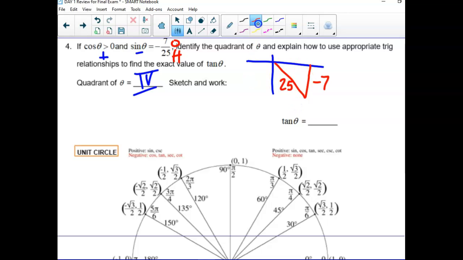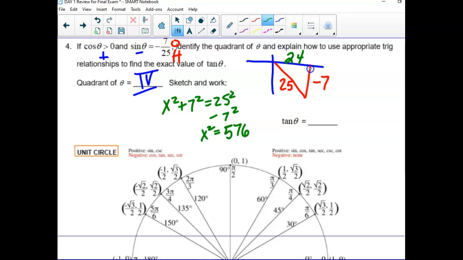Then you have to do Pythagorean theorem, which would be x squared plus 7 squared equals 25 squared. Somebody check, is it like 576 or something? And then when you square root, you get 24. Positive or negative? Depends on where it is in the unit circle or the quadrants, but that one went to the right, so it's positive.